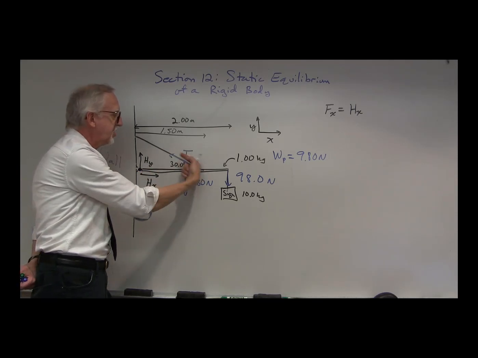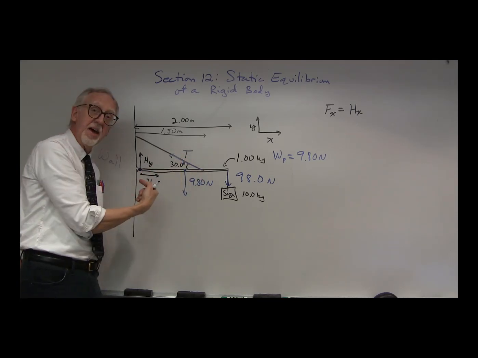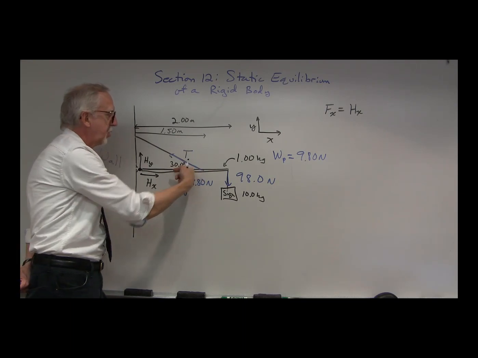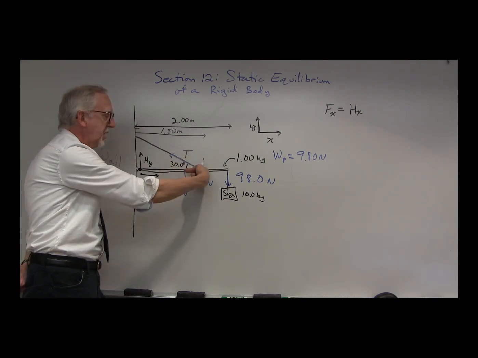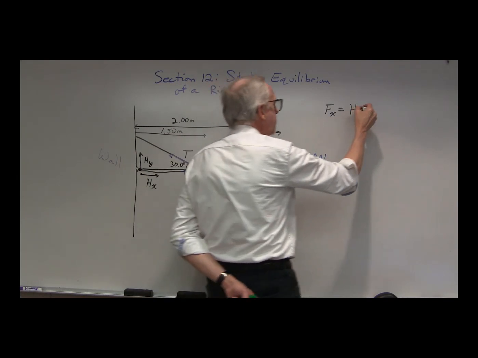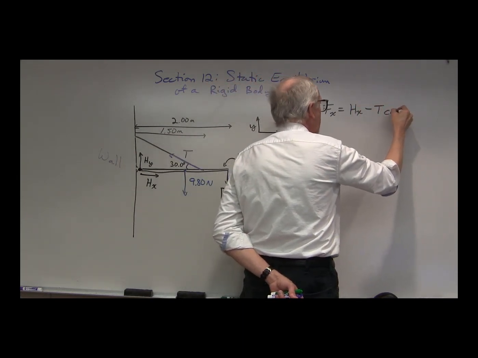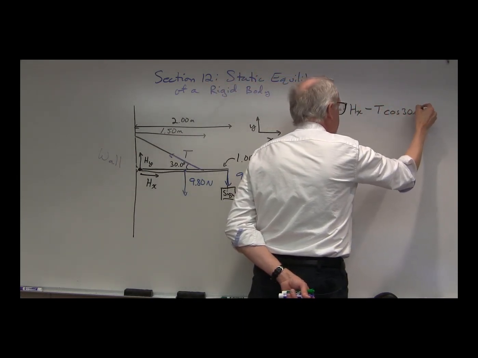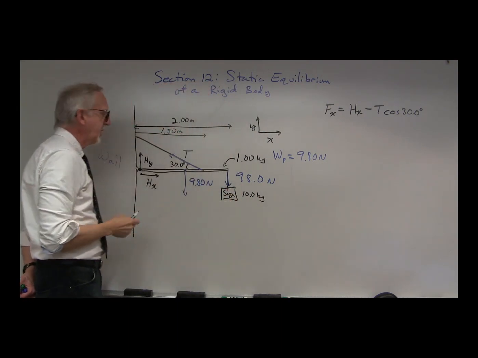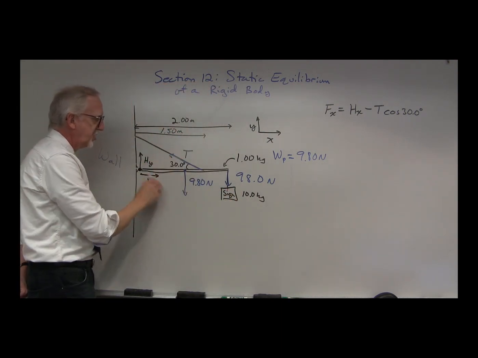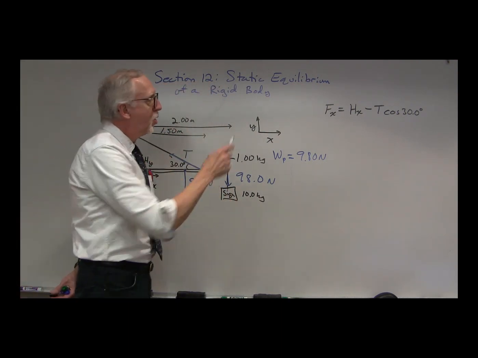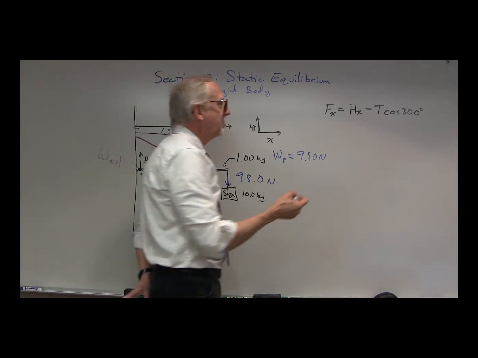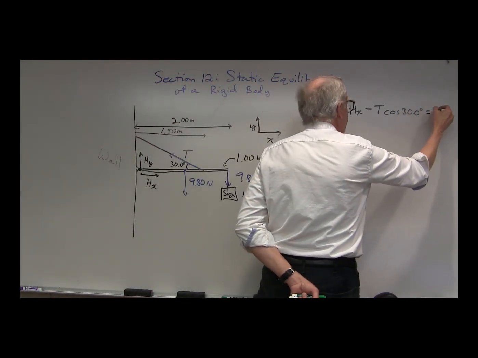And we notice the tension is pulling this way in the negative x direction. The x component would be T cos 30 in the negative direction, so we'll have a minus T cos 30 degrees. Okay, anything else? Well, the hinge, the tension, the weight. Nope, that's it. What is the net force in the x direction? We know that is 0.